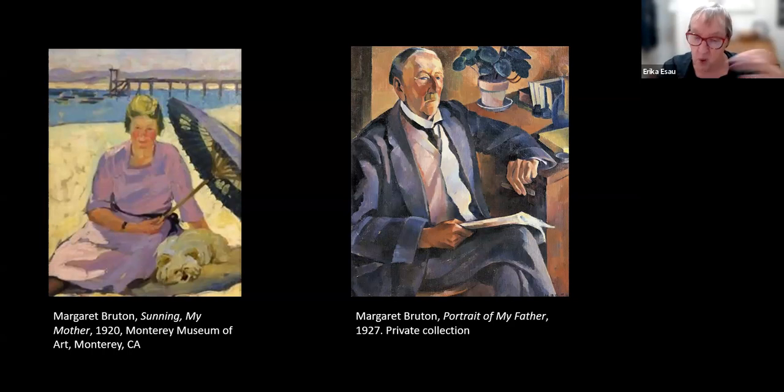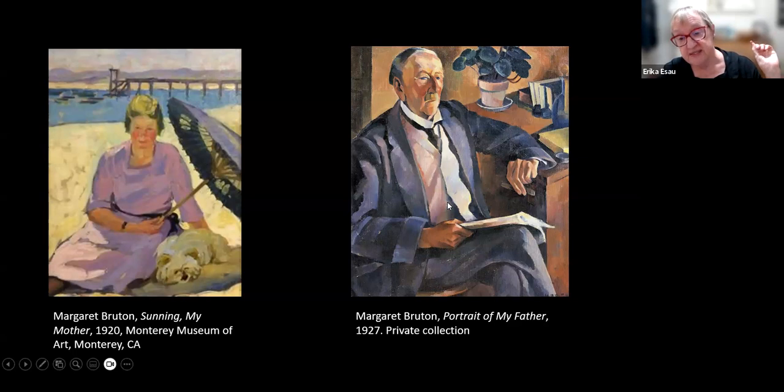The first one was the oldest daughter, Margaret, who first concentrated on painting after her studies in New York and then in Monterey. She came to Monterey in 1921. And this is a picture from 1920.